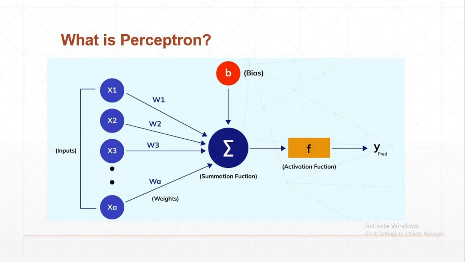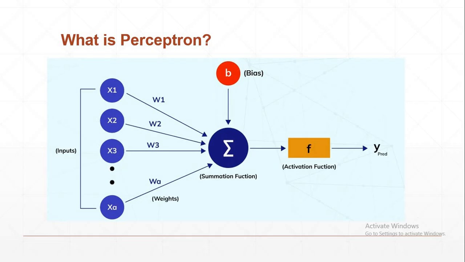Mainly it has three parts: the input part, the summarization function part, and the output part. Whatever we send as input is raw data.